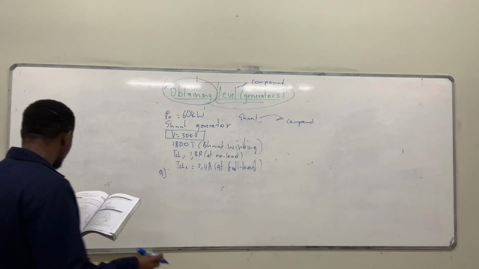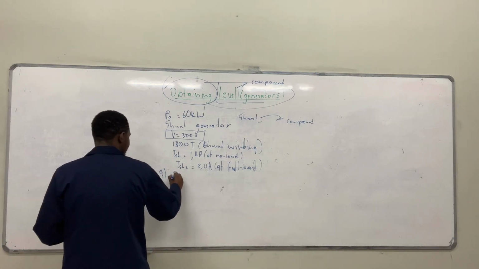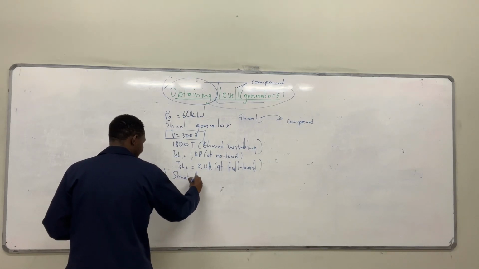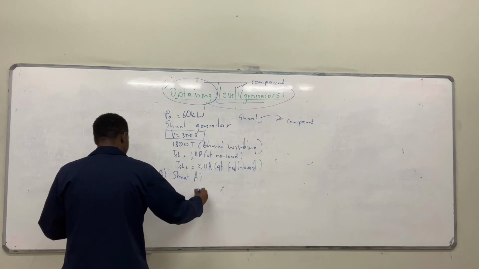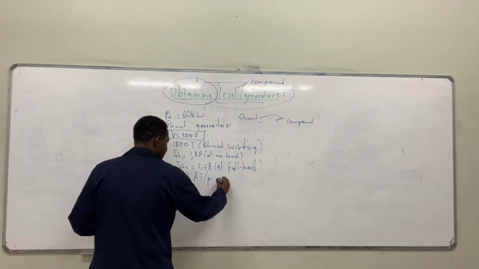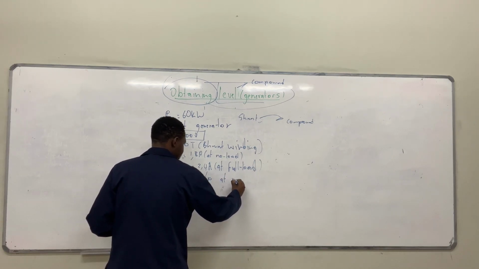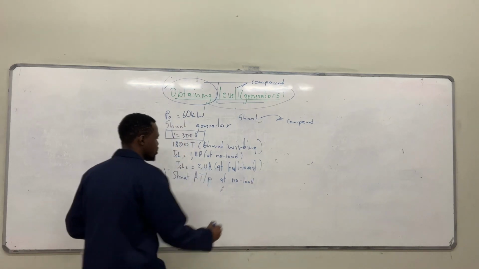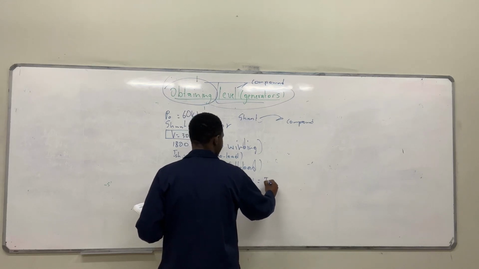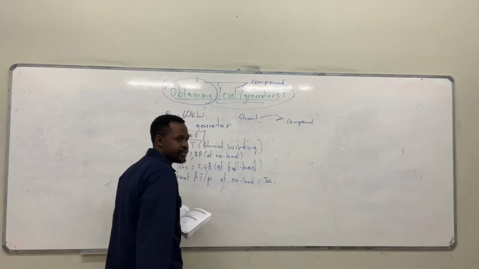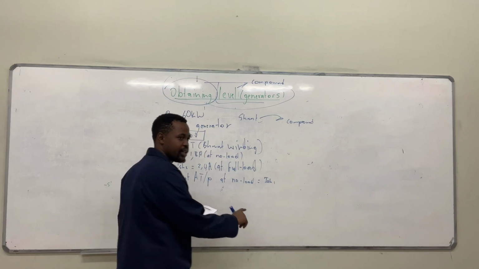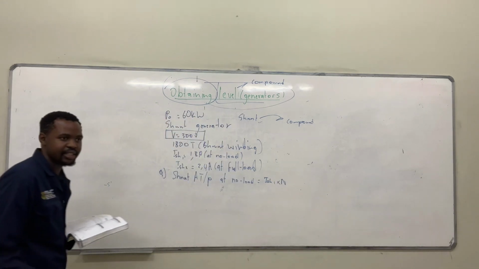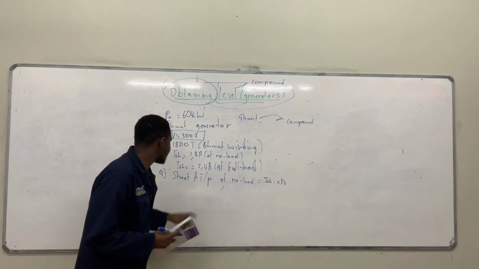What you do is you calculate the shunt ampere turns per pole at no load. That is basically I shunt at no load, I1, times the number of turns, which gives you the ampere turns of the shunt.